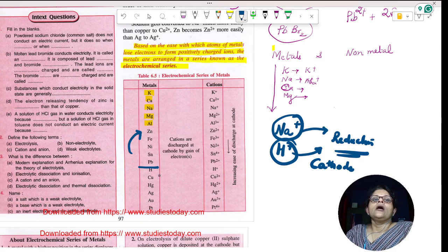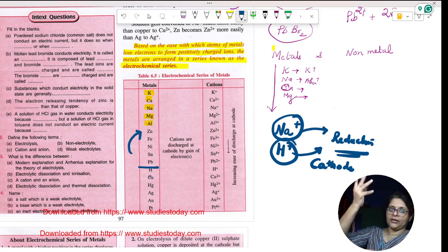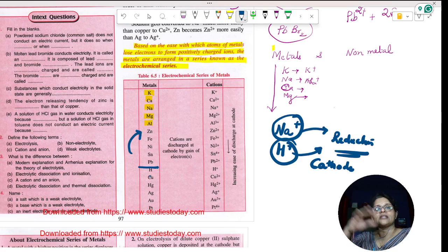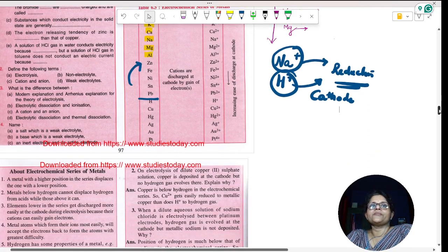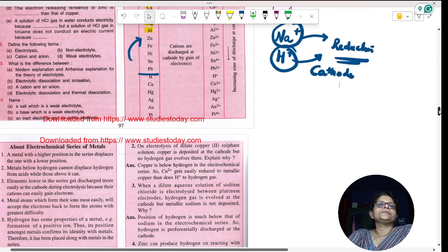The ions lying above hydrogen will have less tendency to get reduced, and those lying under hydrogen will have more tendency to get reduced at the cathode.